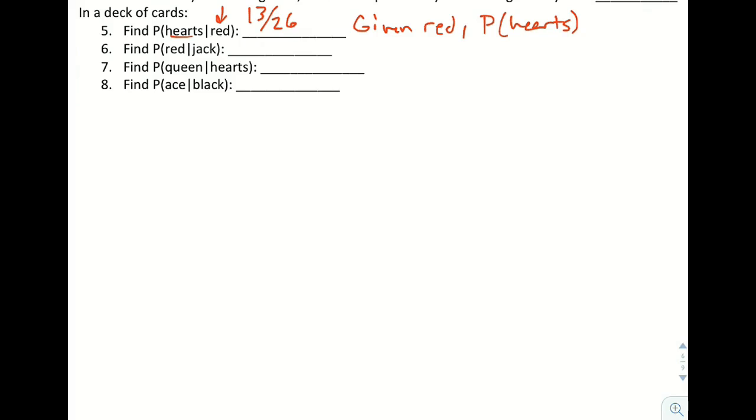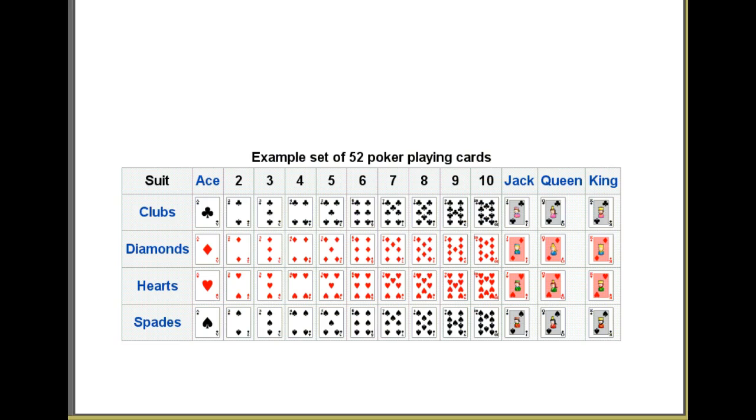Now we have to be a little bit careful about how we do that, so let's do this next one together. Find the probability of red given Jack. So given Jack, find P of red, probability of red. Let's go back to that diagram. Given that you are dealing with a Jack, so you're dealing with one of these 4 cards, what is the probability that it is a red card?